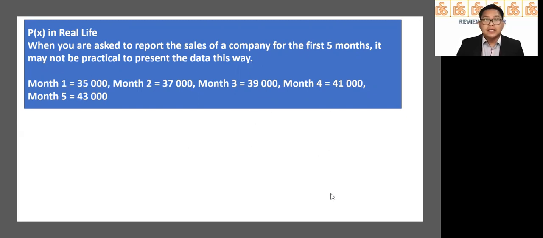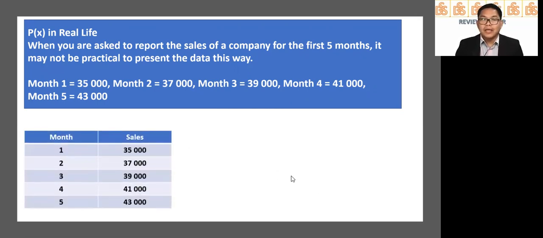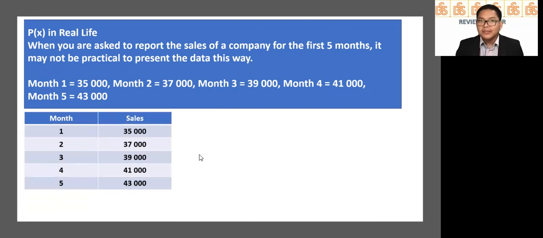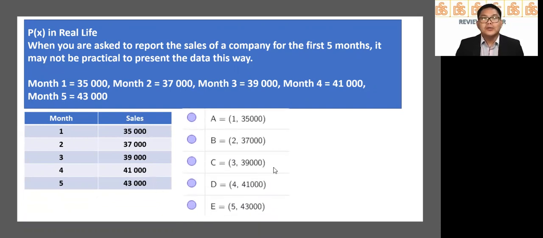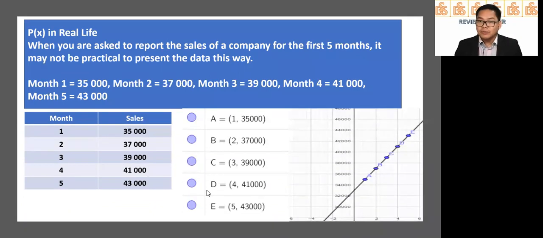When you are presenting, you need to inform the audience what you are reporting. In that case, you better present it with a table because this can be clearly observed, or you may present it with the use of a graph.